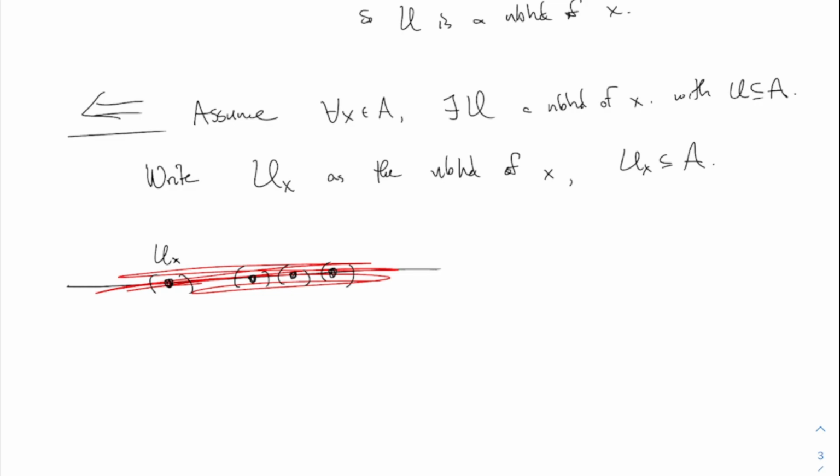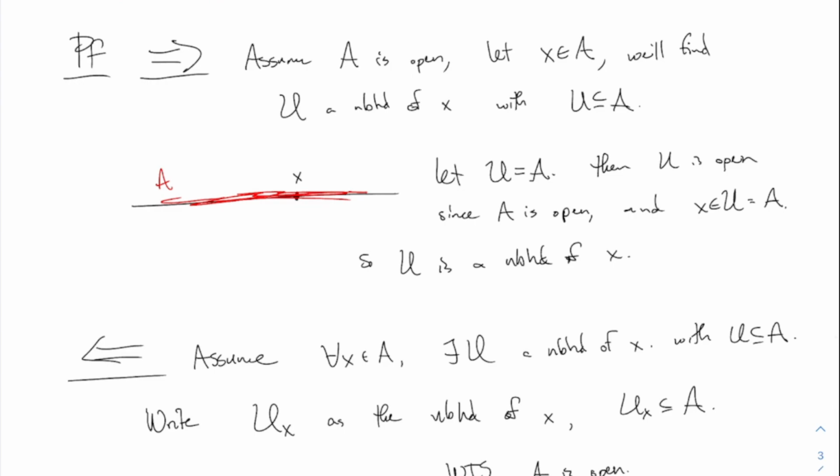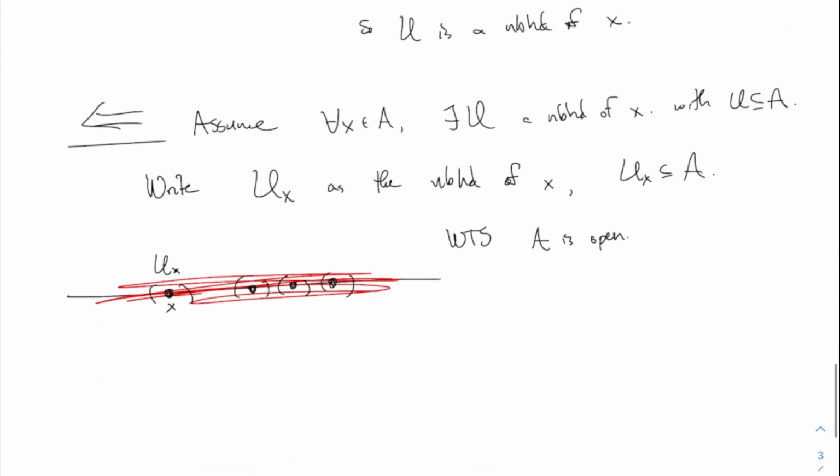This is a point x, and every x carries with it a neighborhood U_x, and all of the neighborhoods are a subset of A. What we have to show is that A is open, because that's what the other side of this if and only if is about.